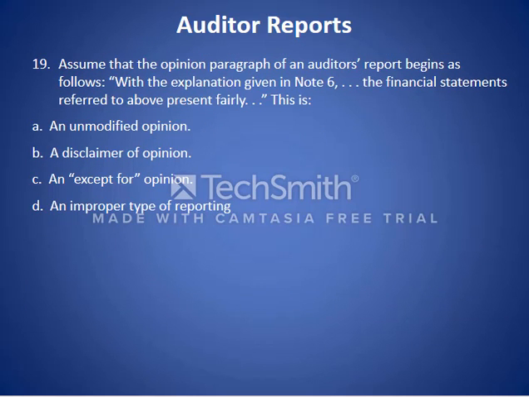Question number 19: assume that the opinion paragraph of an auditor's report begins as follows. With the explanation given in note 6, the financial statements referred to above present fairly. It asks you to determine what type of opinion this would be part of, or is it an improper type of reporting.